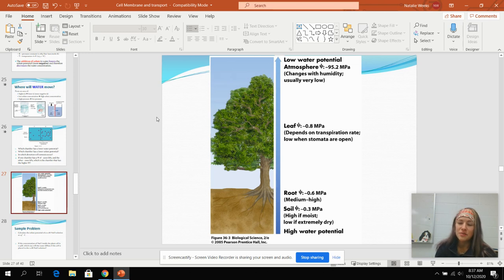So once again, this is really, really important, mostly for plants. And this is actually how plants suck up water. So think of a tree as a giant straw. In the atmosphere, we have a really low water potential or a low water concentration compared to what's in the dirt.